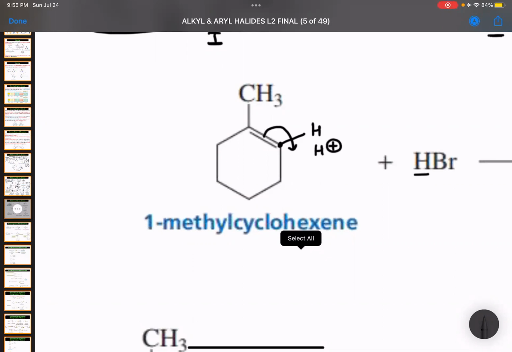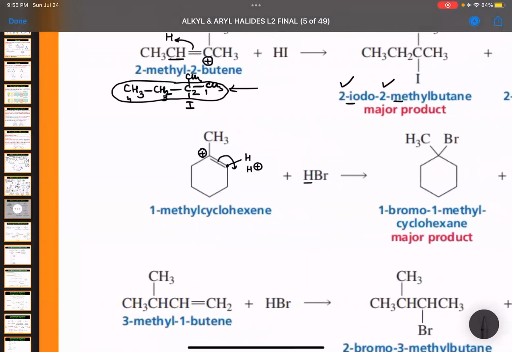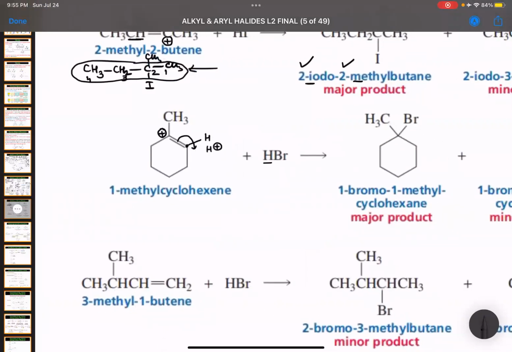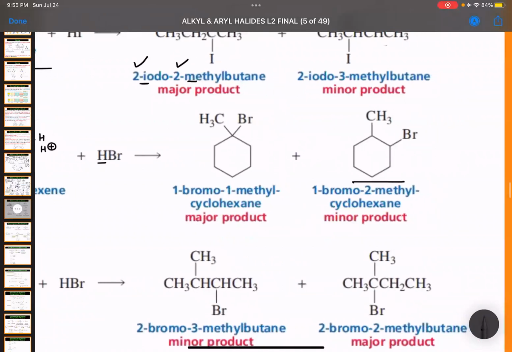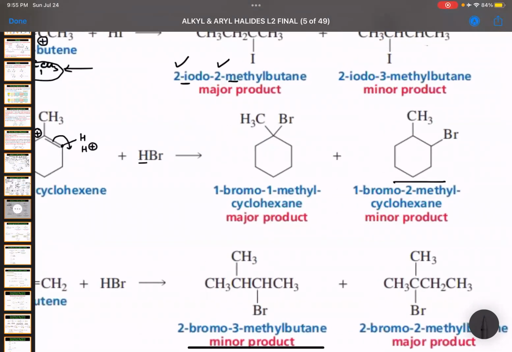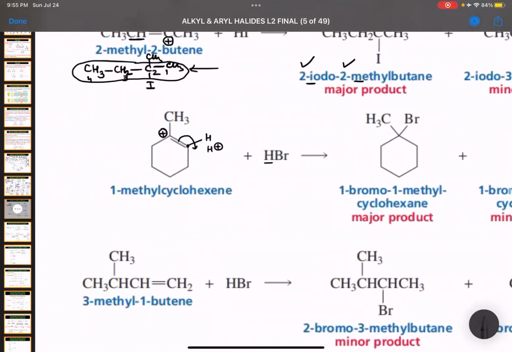The pi bond will shift outside, and the plus charge will come on this. It is a tertiary carbon. And on this tertiary carbon, you are going to attach Br minus. So that is going to be the major product, 1-bromo-1-methylcyclohexane. And the other is the anti-Markovnikov product. This is the Markovnikov product. The product which is formed by considering the stability of carbocation is the Markovnikov product. Is it clear? Yes, sir.